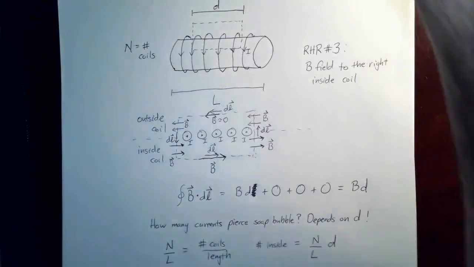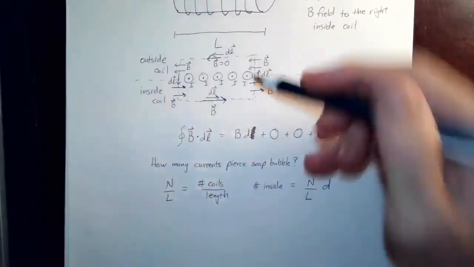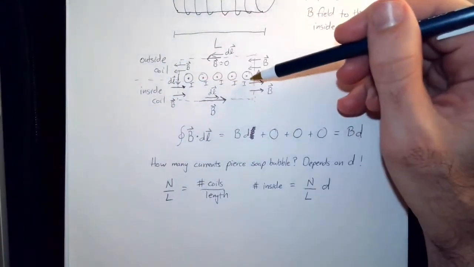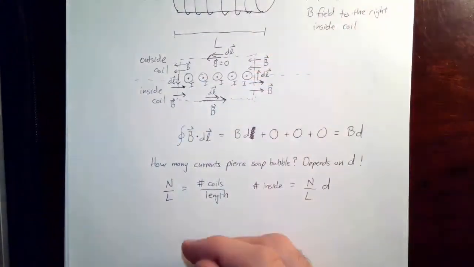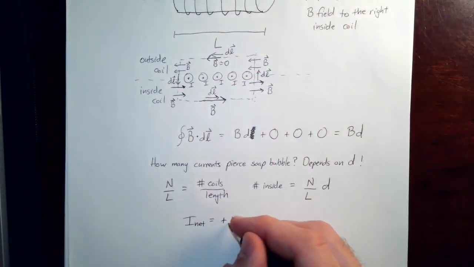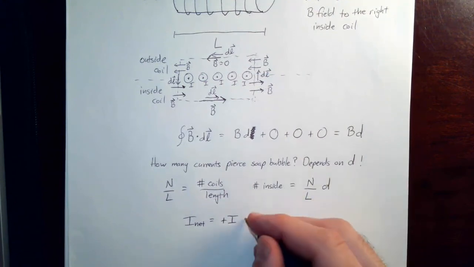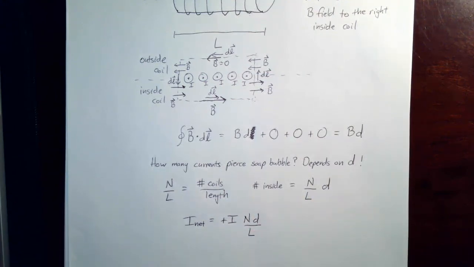All right, and so that's how many currents, and each wire that pierces the soap bubble is carrying a current plus I. So I net is going to be positive I times this many, right? I've got this many currents piercing the soap bubble, so it's going to be I times N d over L. All right, that was step 4.